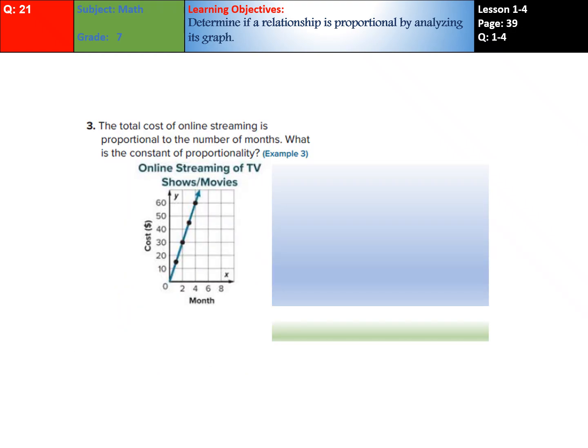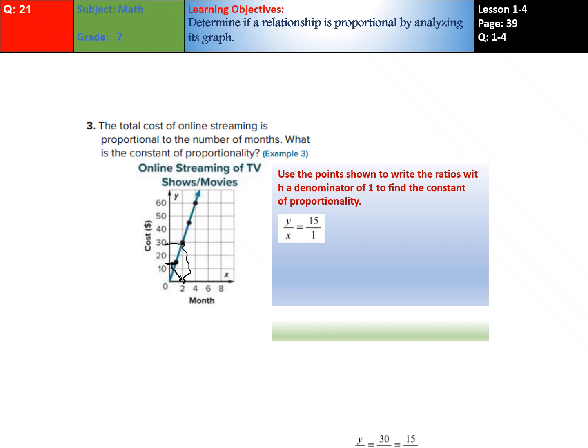Now, in the first two questions, the table was given and you were asked to complete the graph and check whether the relationship was proportional or not. Here in question number 3, the cost of online streaming is graphed against the number of months. The graph is already there. You can convert it into a table, or you can find a unit rate. Use the points with the denominator 1.